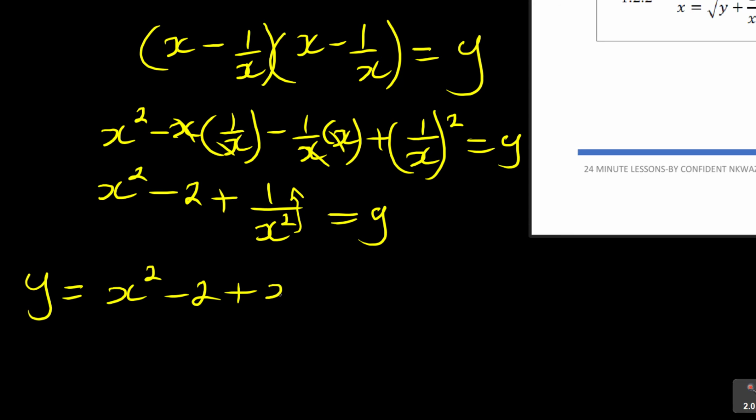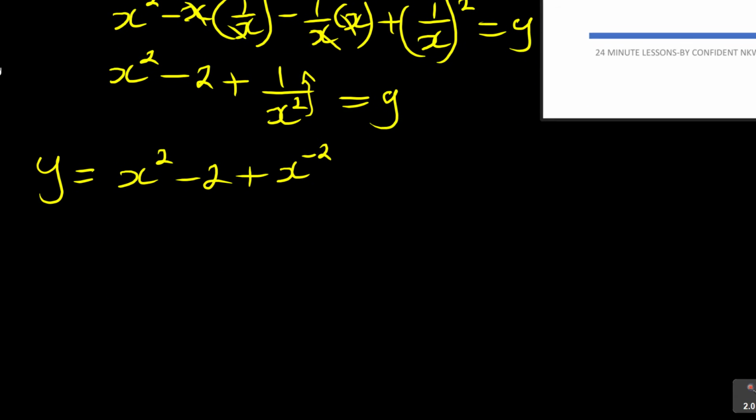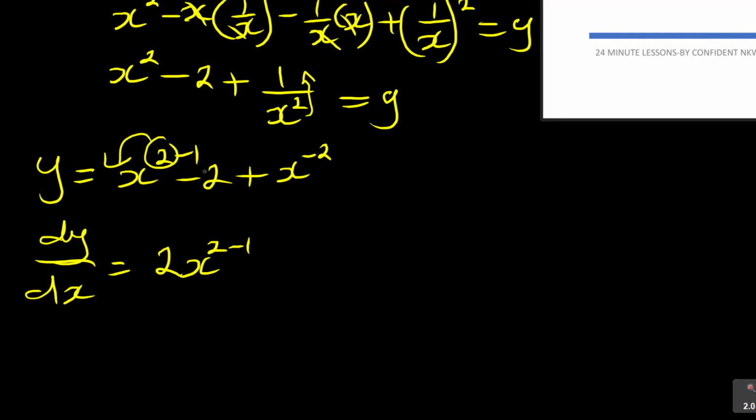It becomes x to the power negative 2. Then at this stage you can do your dy over dx. This is equal to, drop the 2, x, 2 subtract 1. Okay? That's the rules. Drop the 2, subtract 1.